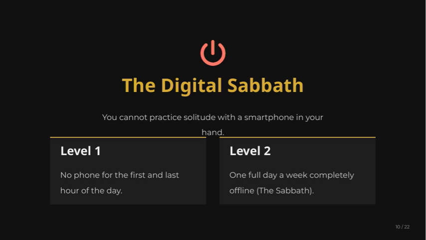The key idea is to be present and truly engage in the moment, rather than being absorbed in our devices. The overall goal of the digital Sabbath is to create space for rest, reflection, and genuine connection, something that's increasingly vital in our always connected world. It's about reclaiming our time and attention, and understanding that true solitude and rest often come from intentionally unplugging.